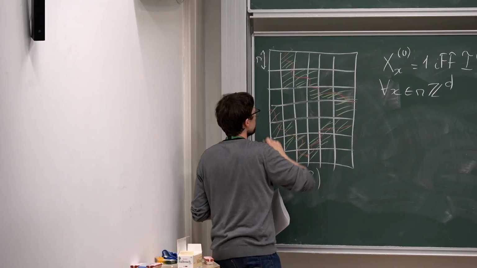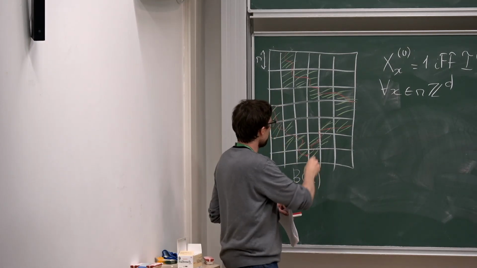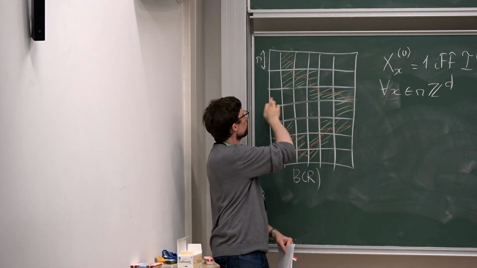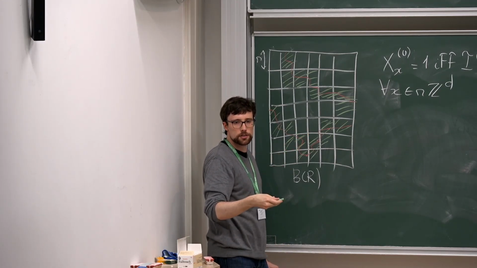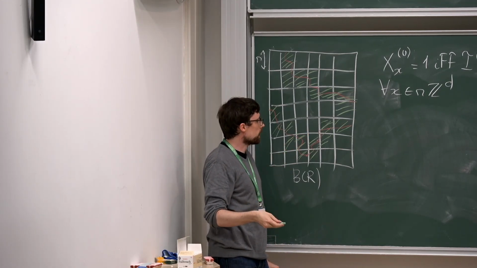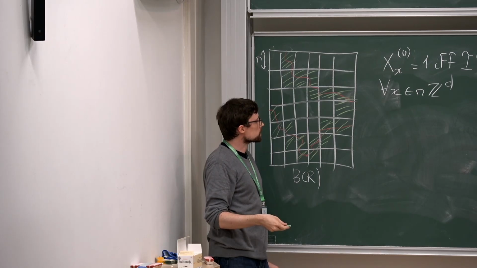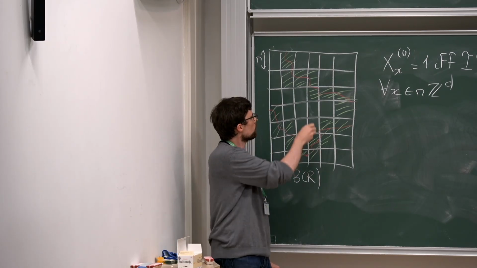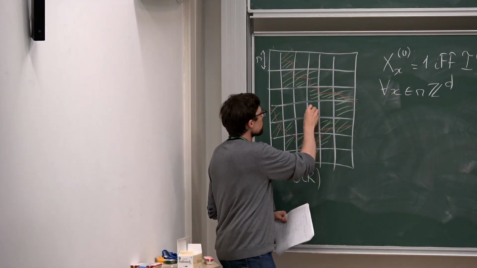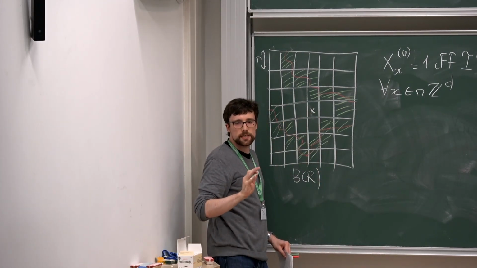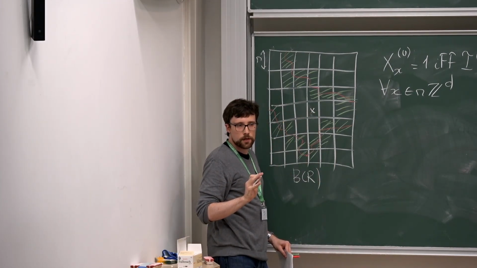And then you ask the same question as before if you want. Let's say question A. Can you find a path from 0 to R which avoids now any green cluster, so any cluster on my renormalized lattice? Another way to ask this is: is there a path from 0 to large R which does not get too close to the interlacement? Okay?